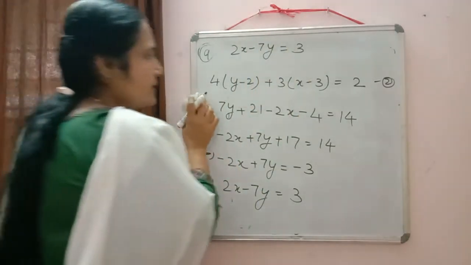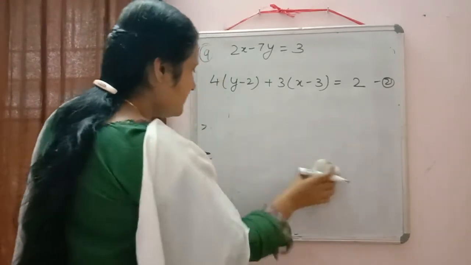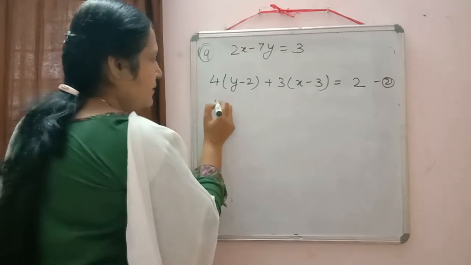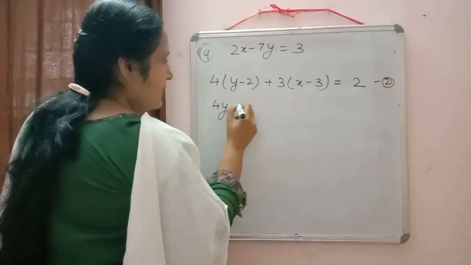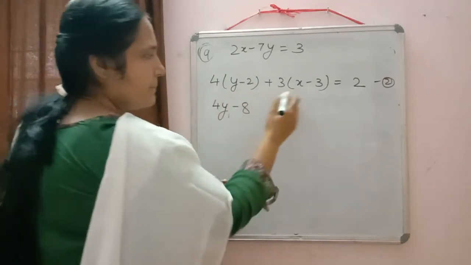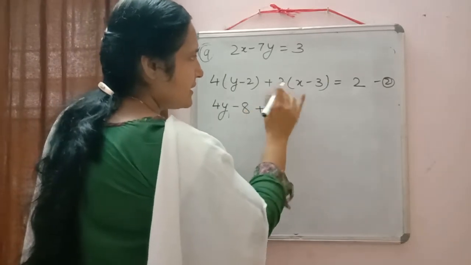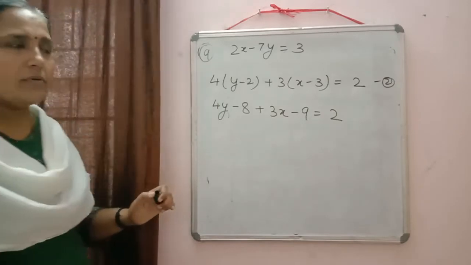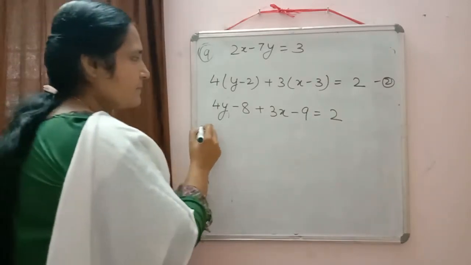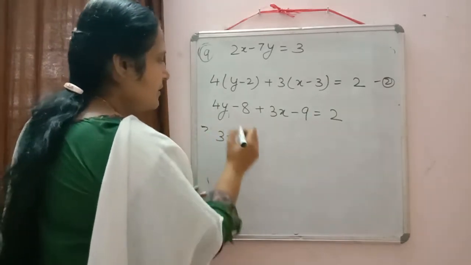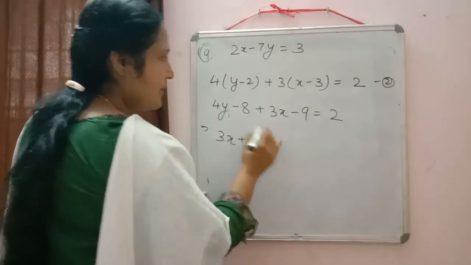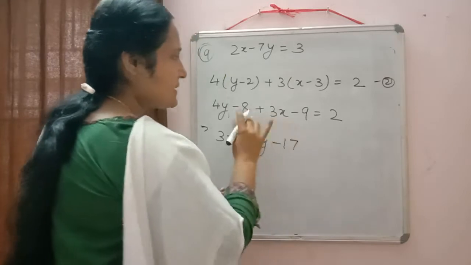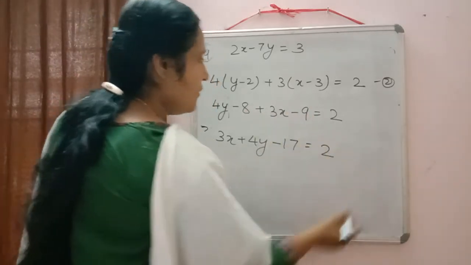Similarly, we will simplify the second equation also. Do the multiplication with me. So it will be 4y, minus 8, plus 3x, 3 into 3, minus 9, is equal to 2. So we will get 3x plus 4y, minus 8 minus 9 which is minus 17, is equal to 2.